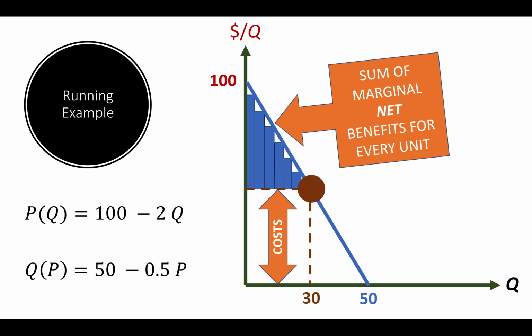Right now I'm artificially setting a price of 50, or a quantity of 30, and asking what benefit I get for buying these 30.